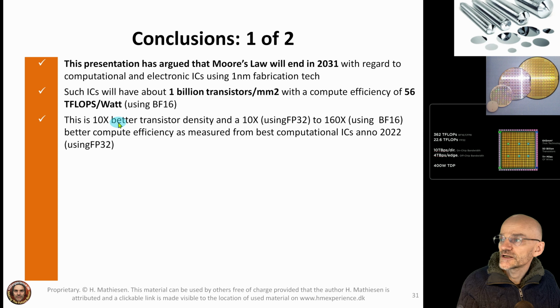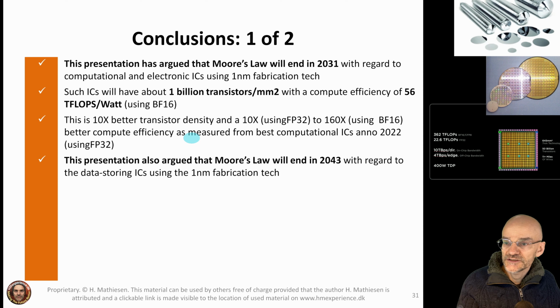And this is 10 times better transistor density and 10x to 160x better compute efficiency as measured from the best computational ICs anno this year, 2022, using this FP32 standard.